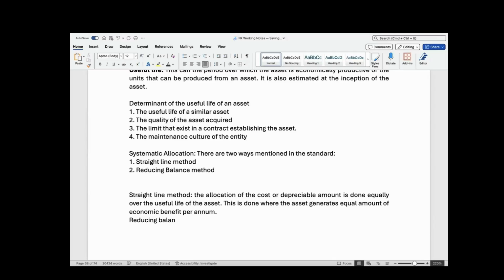But reducing balance method, so for this one, higher amount is allocated to the earlier years of the assets, while lower amount is allocated to the later years of the assets.